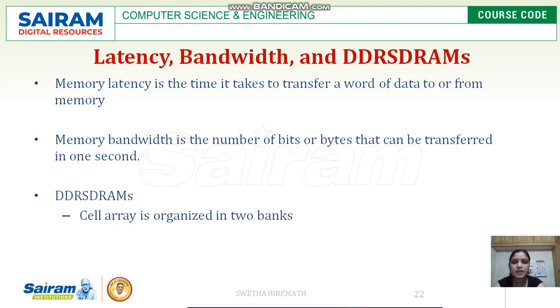It is the time taken to perform a read or write operation by transferring one word of data. And memory bandwidth is the number of bits or bytes that can be transferred in 1 second. So how many bits or bytes of data can be transferred per second is called the memory bandwidth.